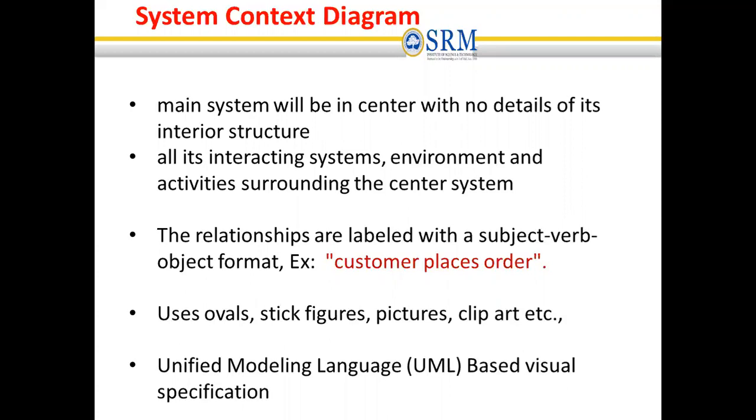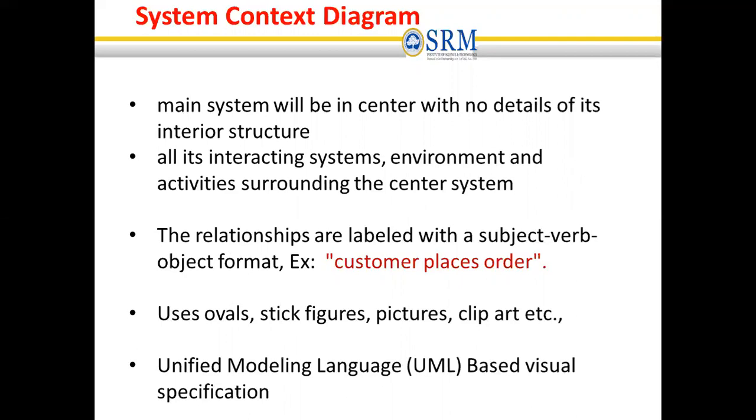The relationships are labeled with the subject-verb-object format. In the sense, similar to English grammar, system context diagrams will be as expressive and as intuitive in representing the relationships between the entities.